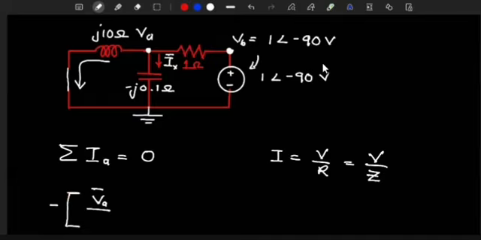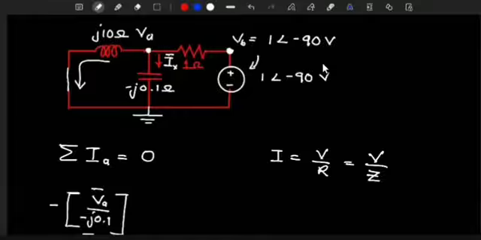Voltage where it is going to the ground is 0, so I might as well leave it out. So I'll have VA over the impedance. Impedance is minus J 0.1. This, by the way, is IX. Do you see that?